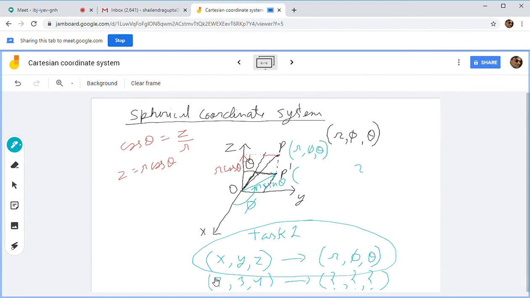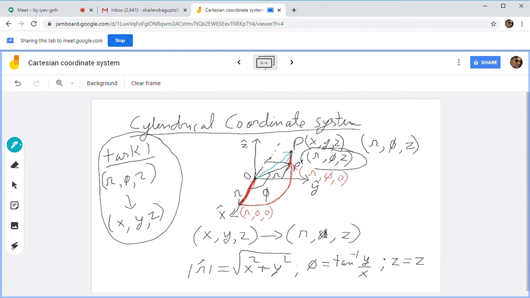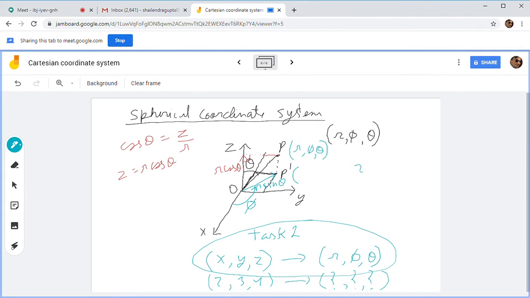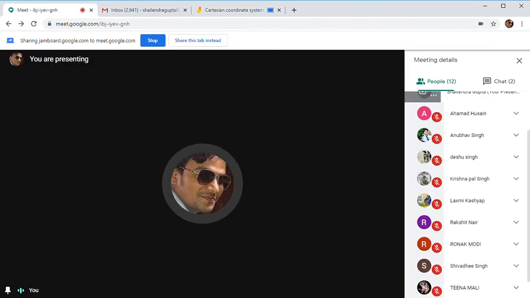The first task is to convert your r, phi, z into your x, y, z coordinate system, and the second task is to convert your x, y, z system into the r, phi, theta coordinate system, the spherical coordinate system. So all the best for the assignment.